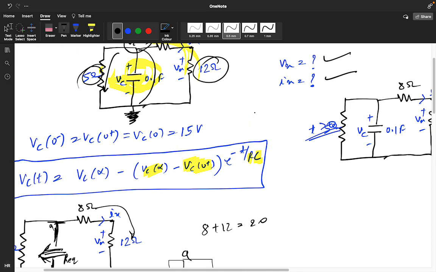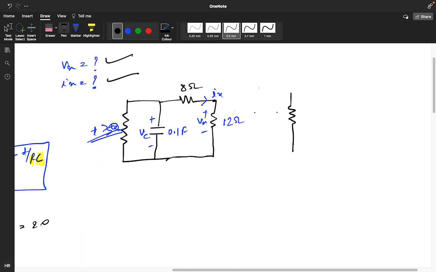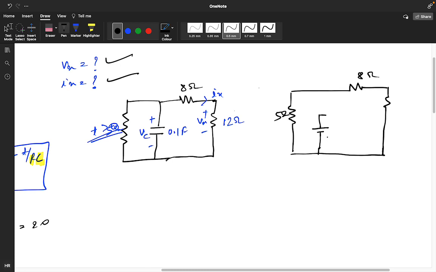Suppose this is 5 ohm. This is 8 ohm. Instead of Vc(0), they can give you like this, positive negative, 15 volt.